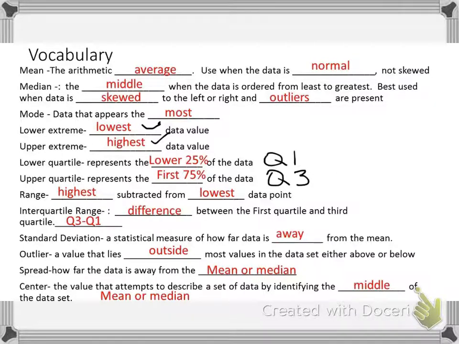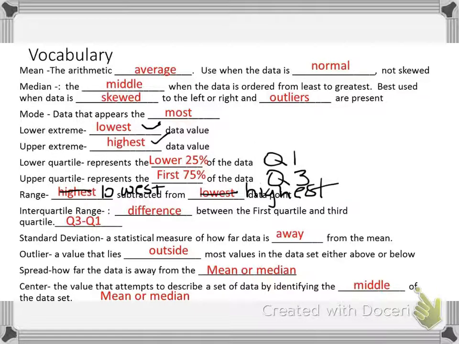Your range is the highest subtracted from the lowest. Actually, it should be the lowest subtracted from the highest. Okay, interquartile range. The difference between the first and third quartile. So you take quartile 3 minus quartile 1, and that is your interquartile range.